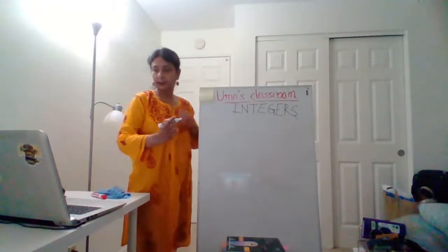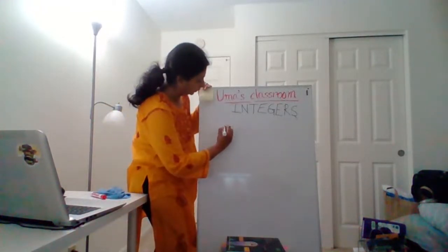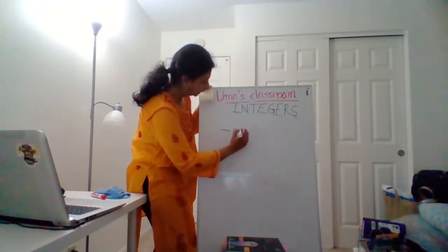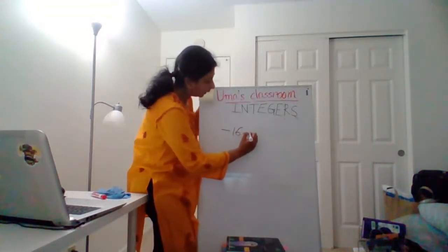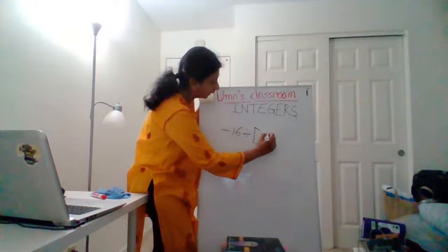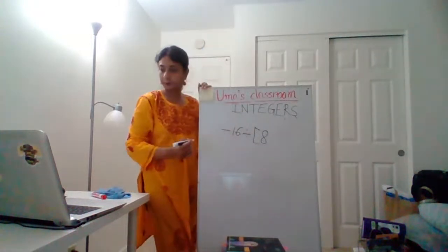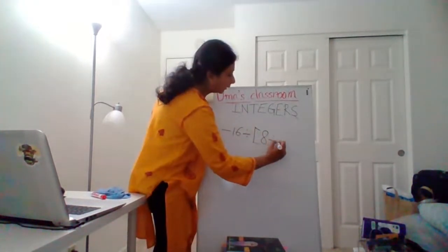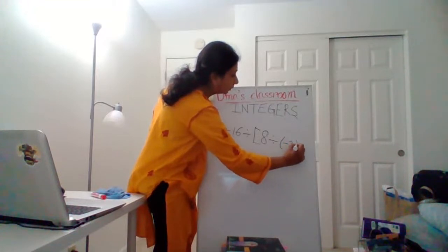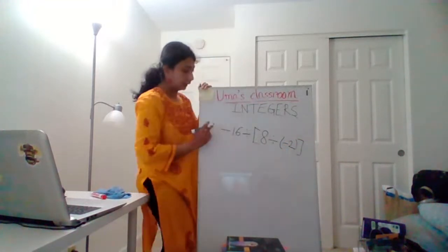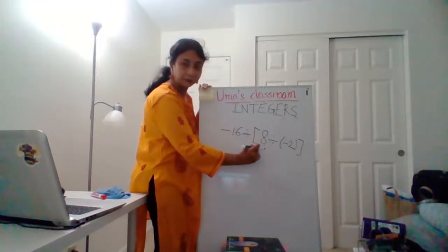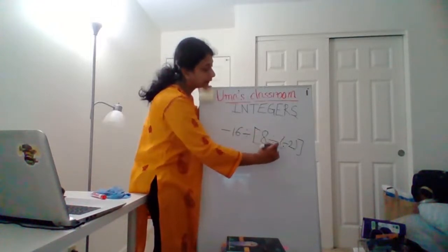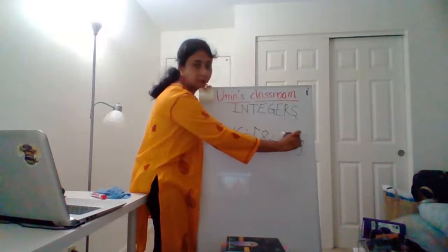Next example is negative 16 divided by, inside the square bracket, 8 divided by negative 2.